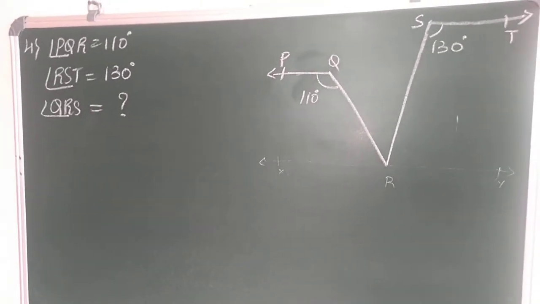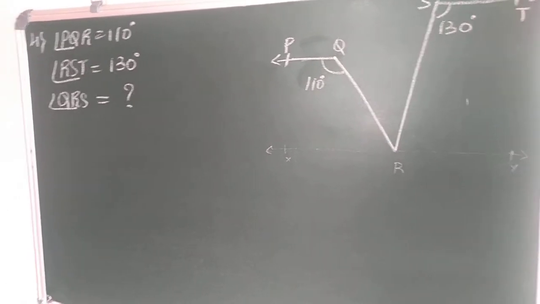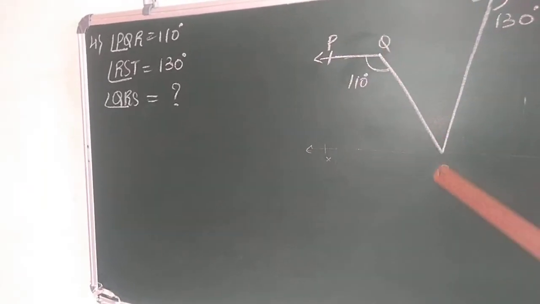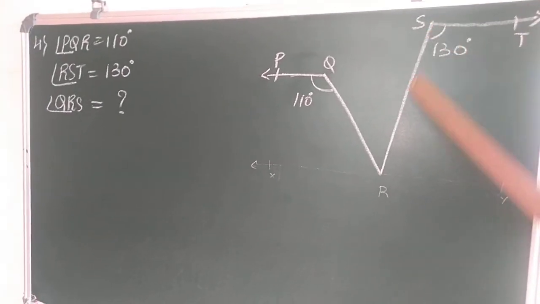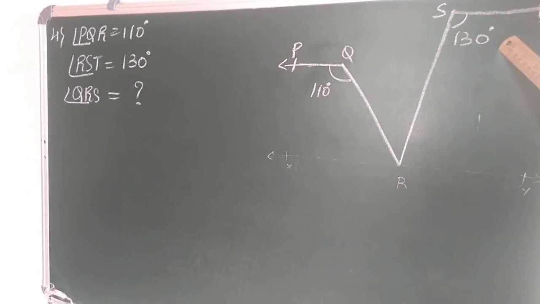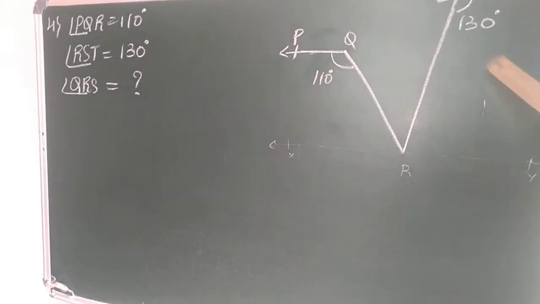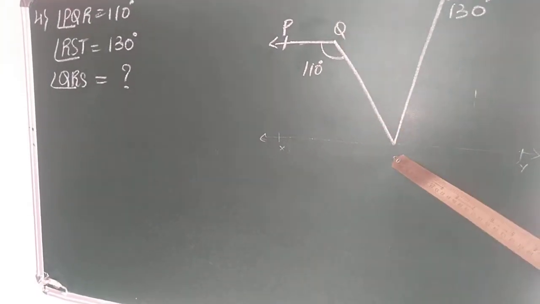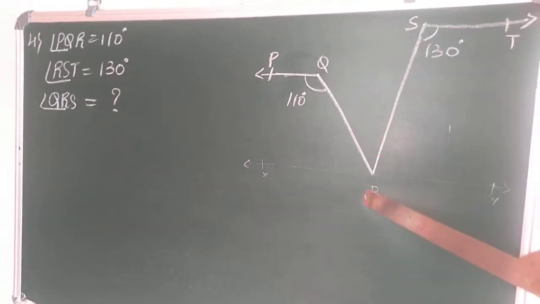Now coming to question number 4, children. They have given PQR as 110 degrees and TSR as 130 degrees, or else RST as 130 degrees, and they have asked to find QRS. Okay, this angle you need to find out, QRS.